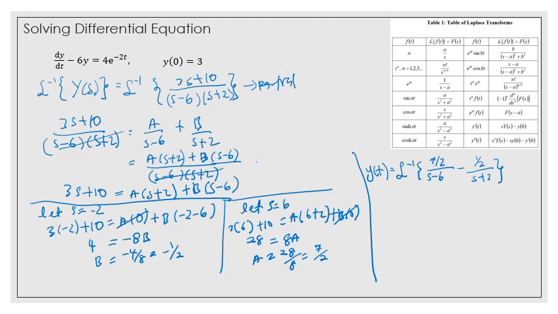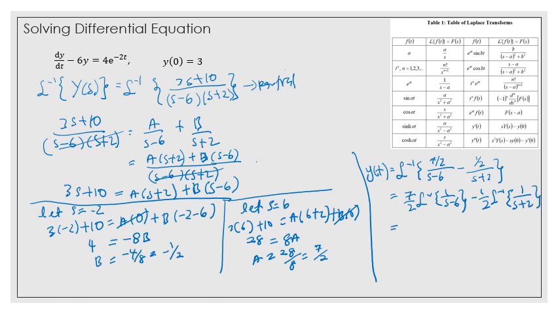So we are going to use this term instead of using the complex form. To find the inverse Laplace for this one, equal to 7/2 inverse Laplace of 1 over (s − 6) minus 1/2 inverse Laplace of 1 over (s + 2).